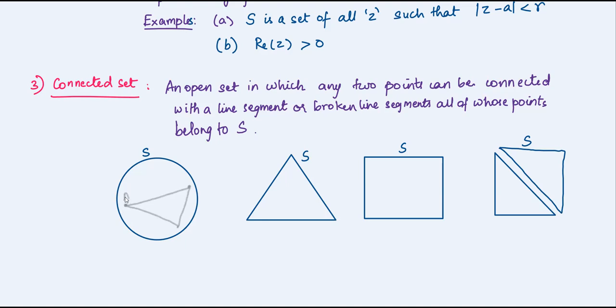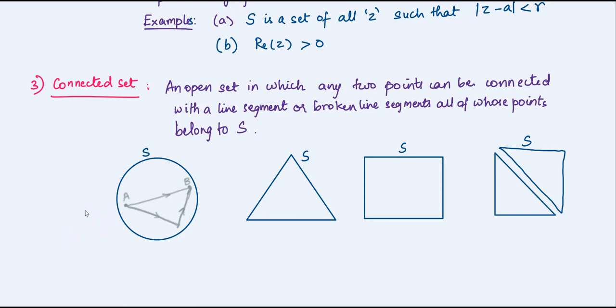I definitely can connect them such that I don't have to go outside of S. Only through S do I traverse from A to reach B, such that all points are within S. All these points, a path from A to B, all belong to S. Be it a direct path like this or an indirect path like this, they all belong to S.